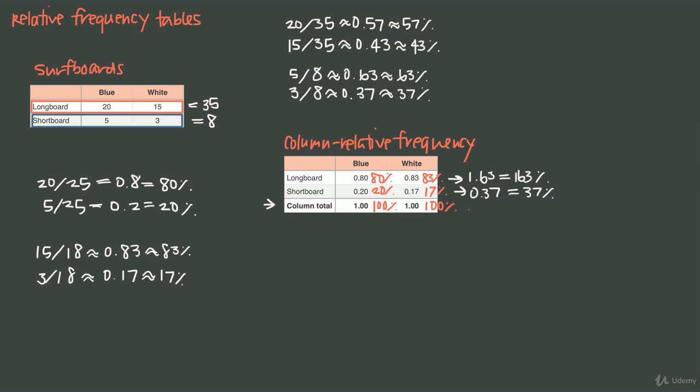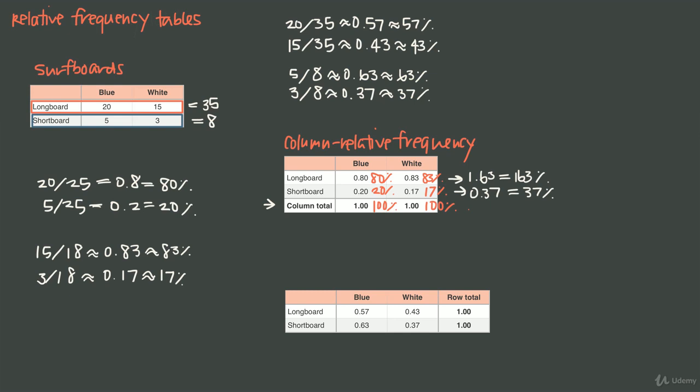Then if I want to put those in a table, here's what that looks like. This time, instead of a column relative frequency, I will call it a row relative frequency. Notice that I translated the 0.57 and 0.43 across the row, and the 0.63 and 0.37 across the row.